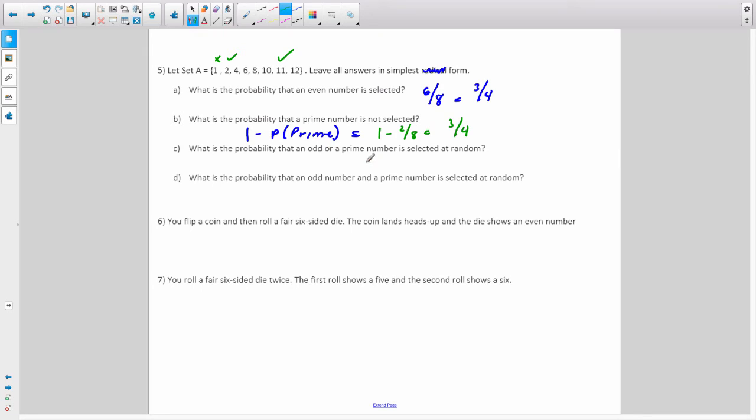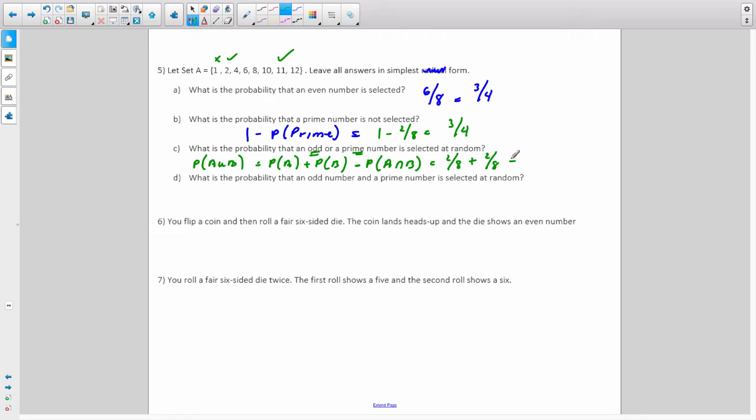What's the probability of an odd or a prime? Now there's the formula that we're going to have to use from the last slide. You have to remember this. Probability of A or B is equal to the probability of A added to the probability of B, but let's get rid of the dupes. In this case, you'll find that odd is 2 out of 8. Let's add that to prime, which is, that's funny, that's also 2 out of 8.